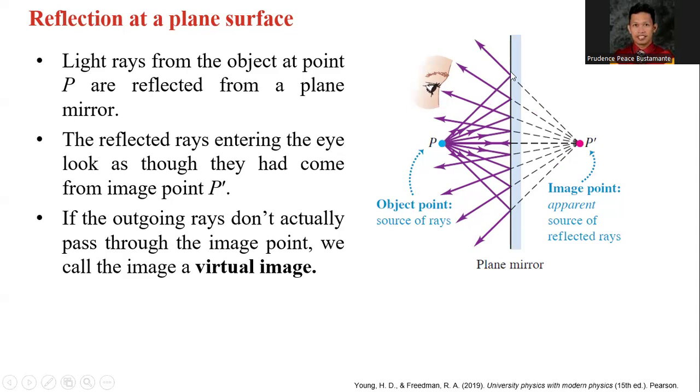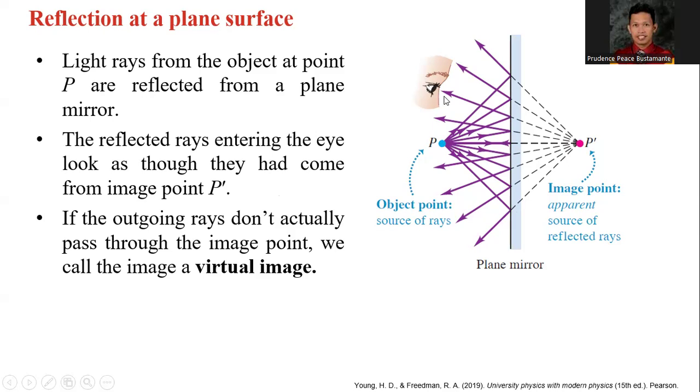When light rays hit the mirror, they undergo reflection. If you have several light rays, they will reflect. The ray perpendicular to the plane mirror will reflect back along the axis.